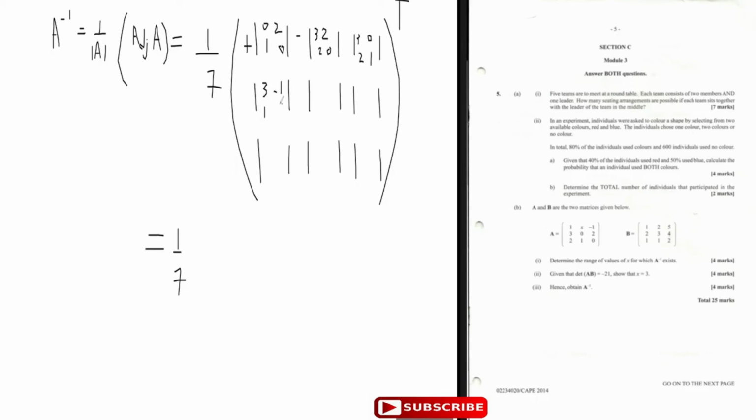Then in the middle, it's going to be 1 minus 1, 1 minus 1, 2, 0. Then over here, it's going to be 1 x, so x is 3, 1, 3, 2, 1.